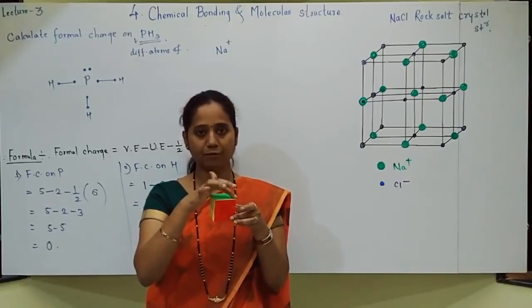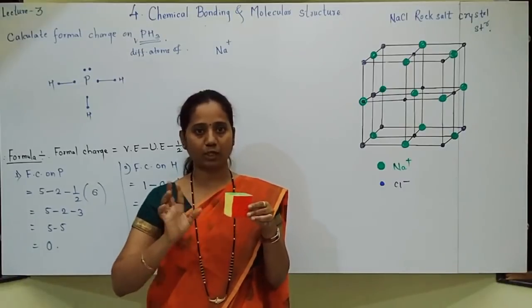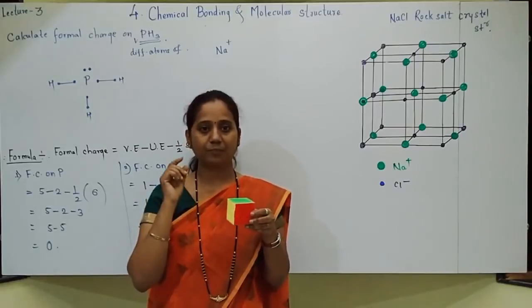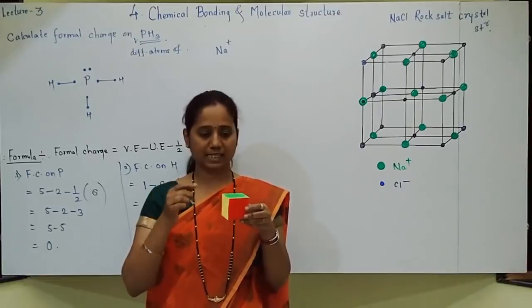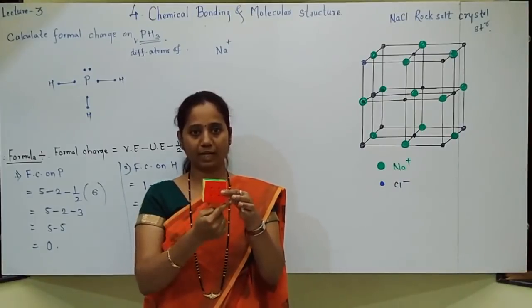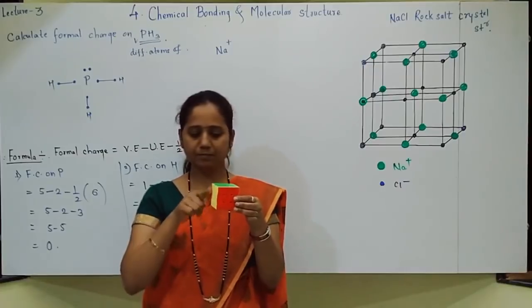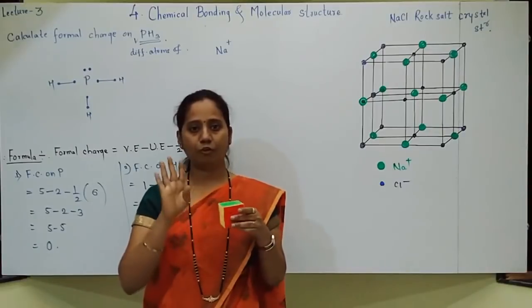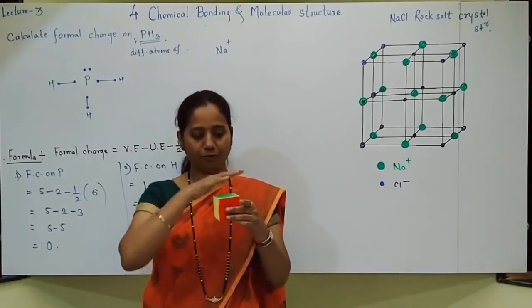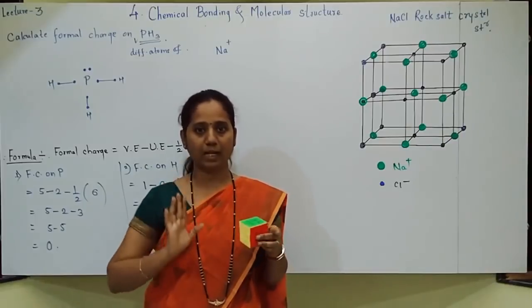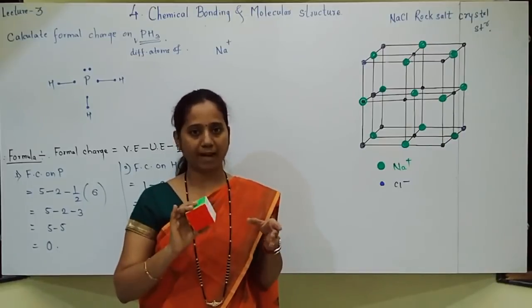Edges, how many edges? 12 edges: upside 4 edges, downside 4 edges, and joining them, the middle 4 edges. Total 12 edges. Already you know these facts.